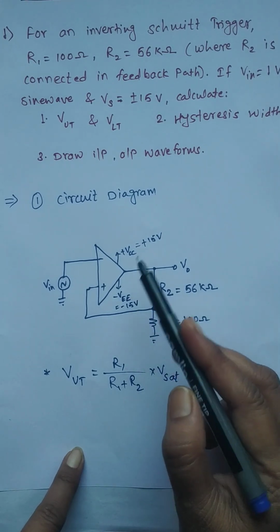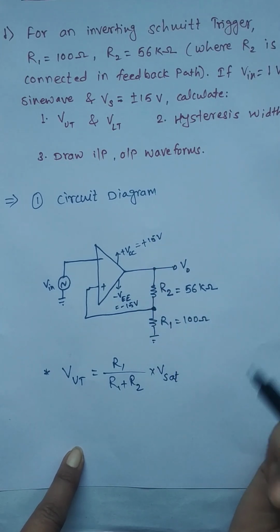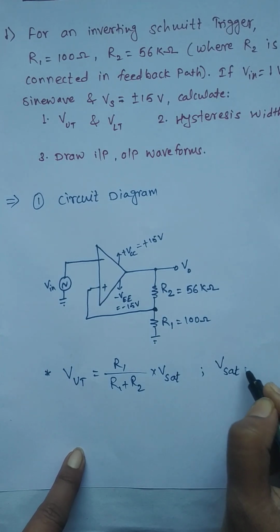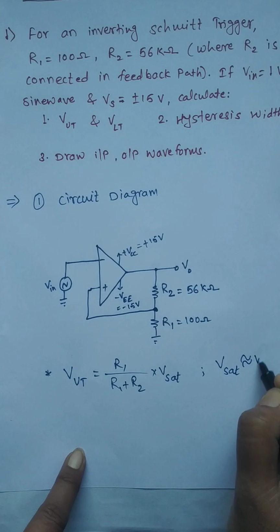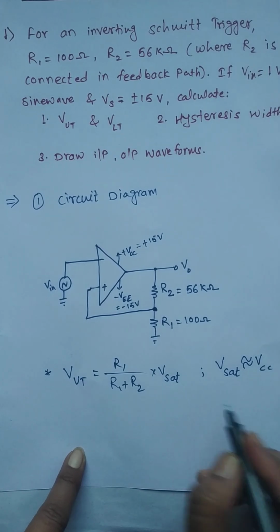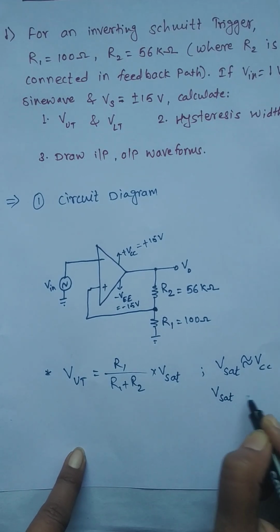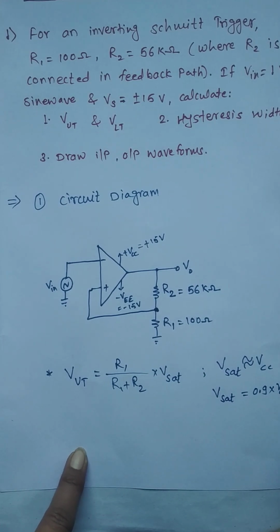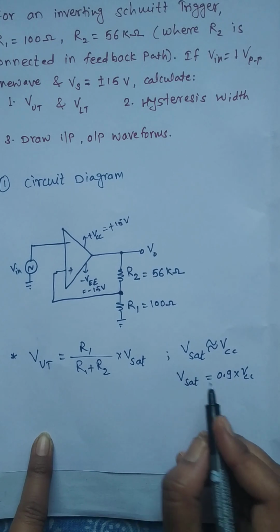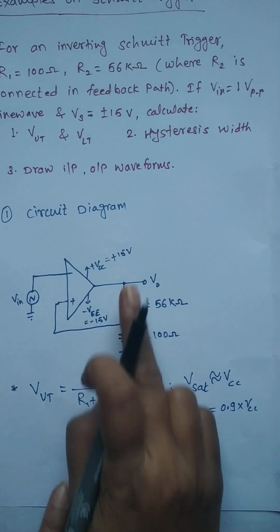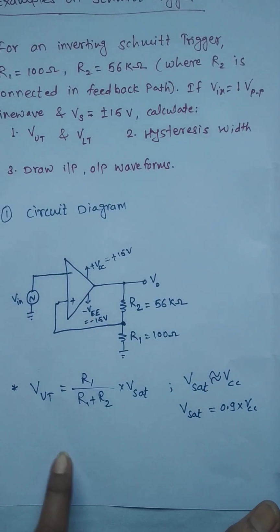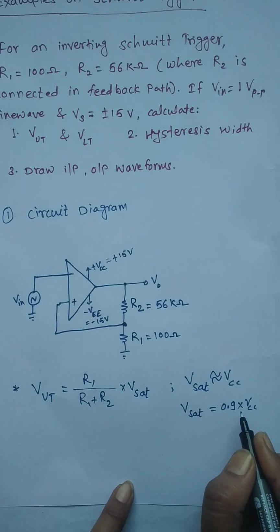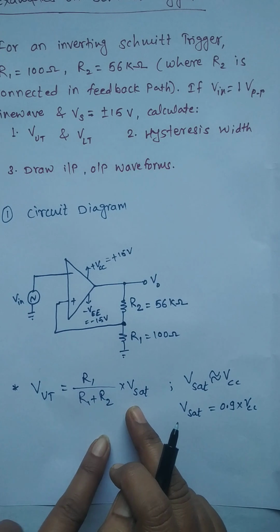Now we don't know how to calculate V saturation. You can take it as nearly equal to VCC. You can take the VCC value directly, or you can take V saturation equal to 0.9 multiplied by VCC. Here VCC is given as 15 volt, so it will be nearly 13 volt. So V saturation will be 13 volt.